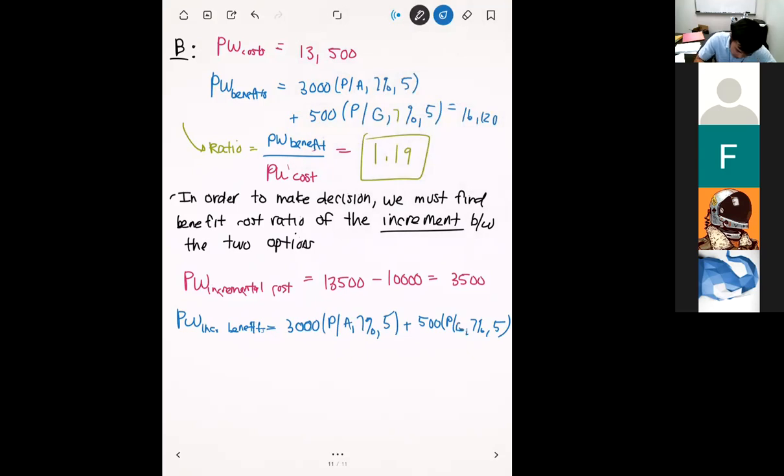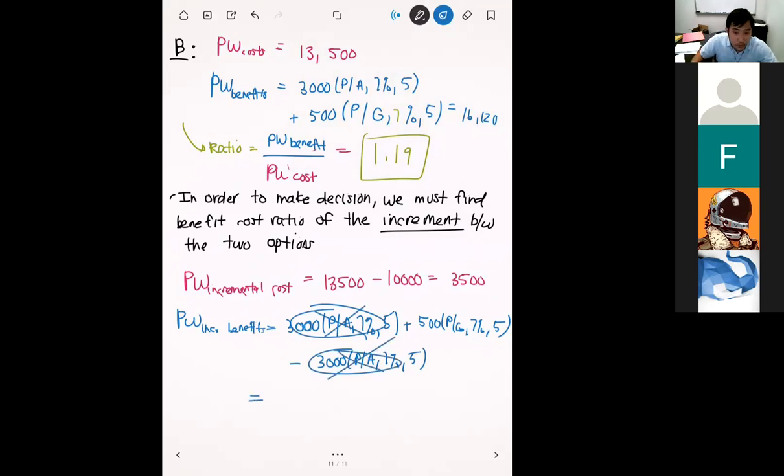From this, we subtract the benefits from option A, which was 3,000 P over A, 7%, and 5. You can see that these cancel out, because they're the exact same thing.